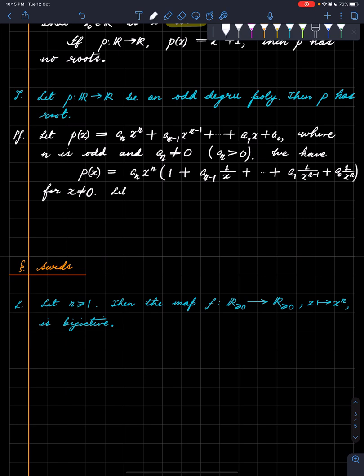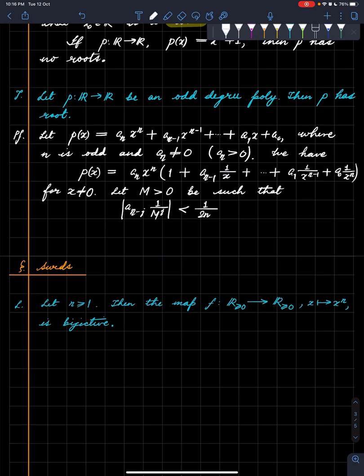So let m greater than 0 be such that, let's say, a_{n-i} times one upon m to the power i in the absolute value is smaller than 1 by 2n.